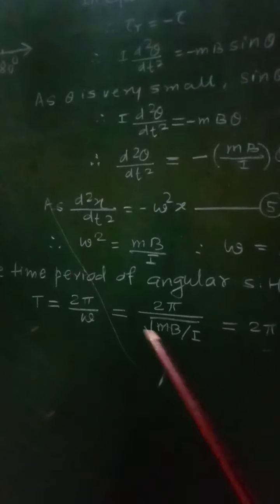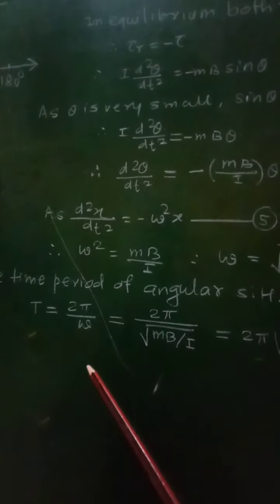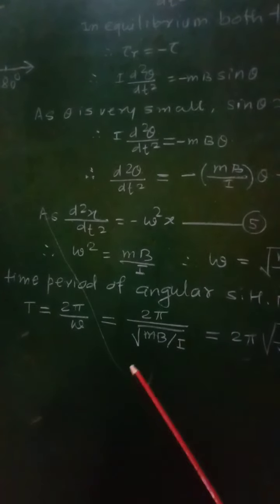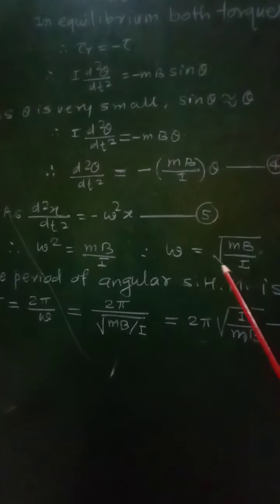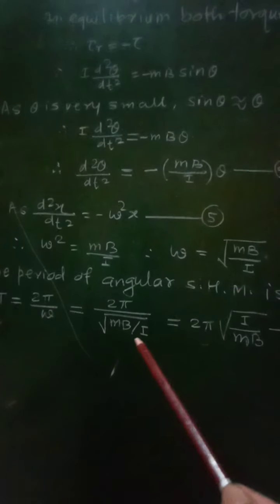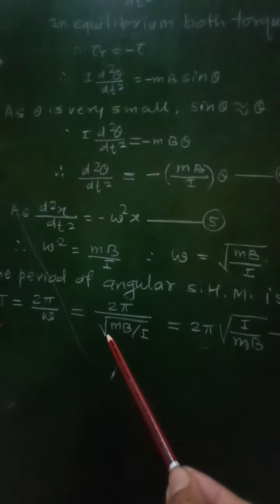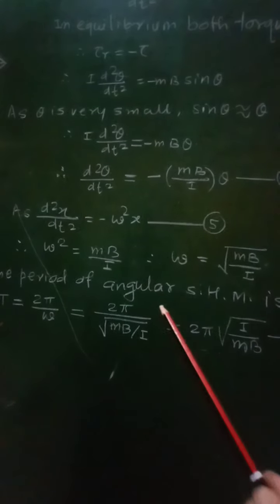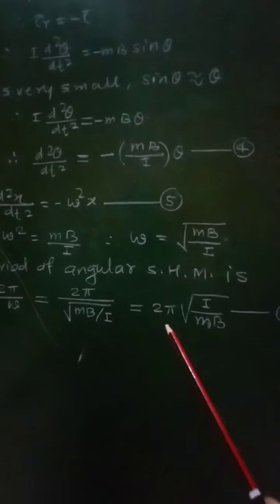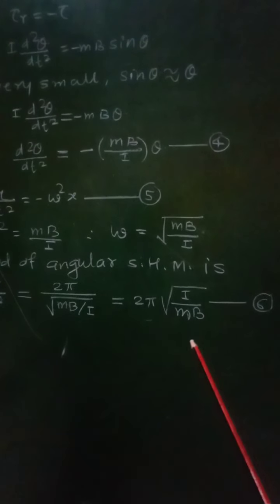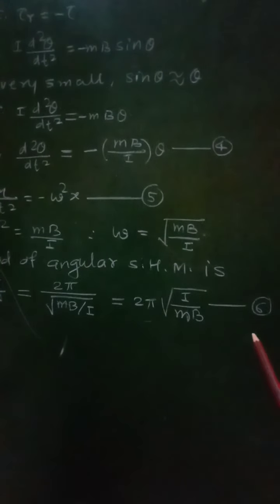Therefore T is equal to 2 pi upon square root of mB upon I, because omega equal to square root of mB upon I. If we shift this square root to the numerator, then T is equal to 2 pi square root of I upon mB, equation number 6.